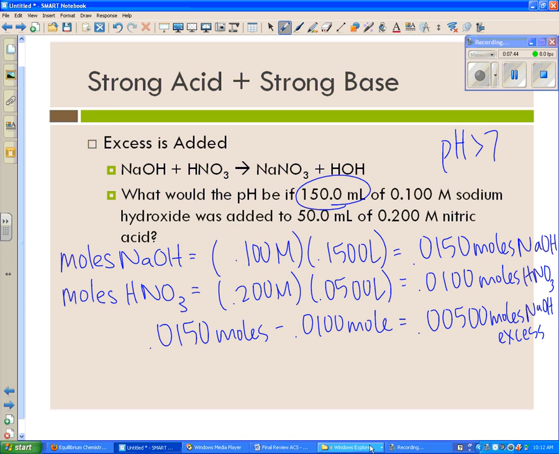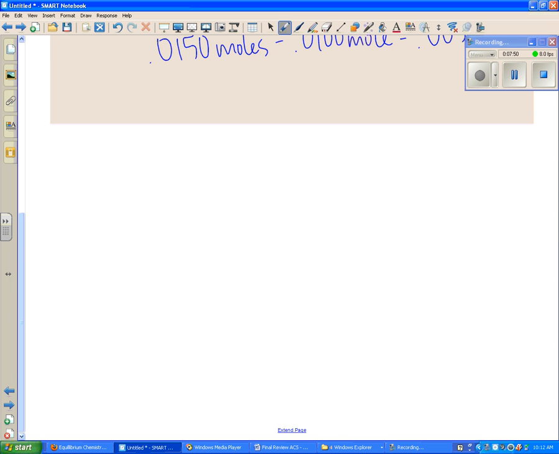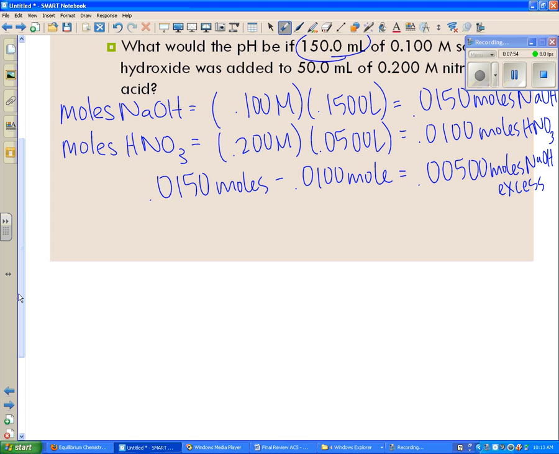Now we can calculate the concentration of that excess base. The concentration of the excess sodium hydroxide can be found by taking moles and dividing it by volume.